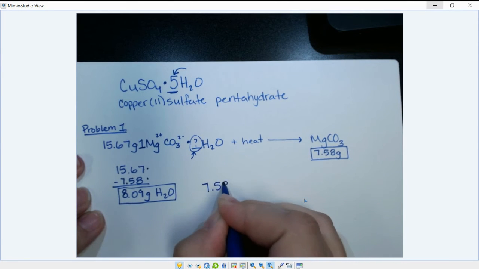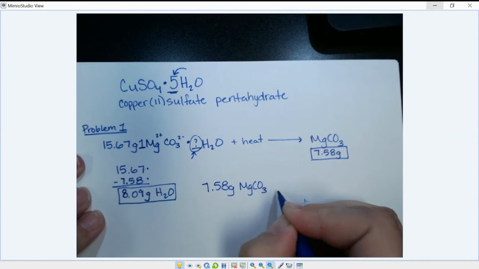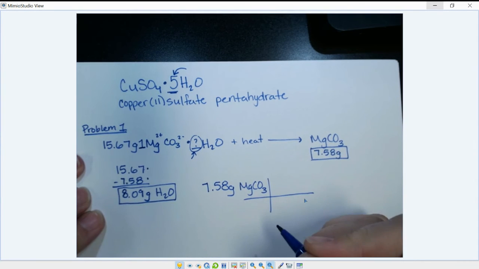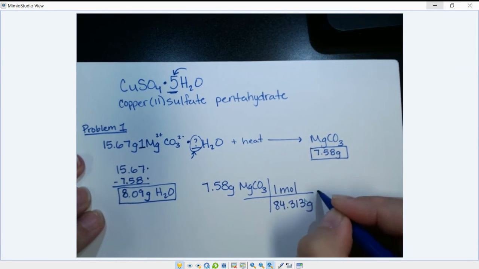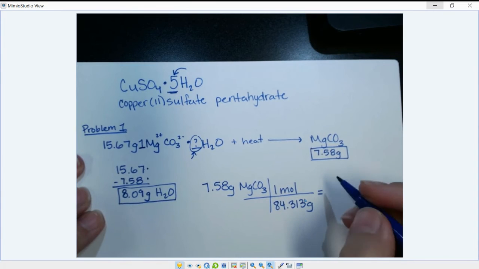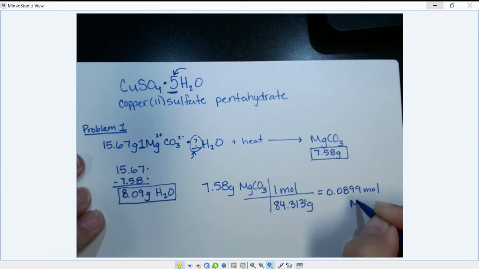I have 7.58 grams of magnesium carbonate. I'm going to convert that to moles by dividing by the molar mass, which is 84.313 for every 1 mole. When I calculate that out, I find that is equivalent to 0.0899 moles of magnesium carbonate.